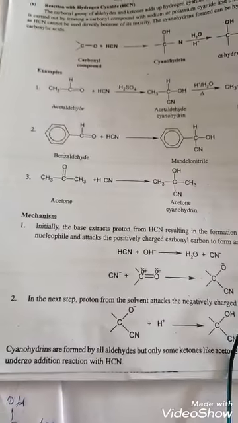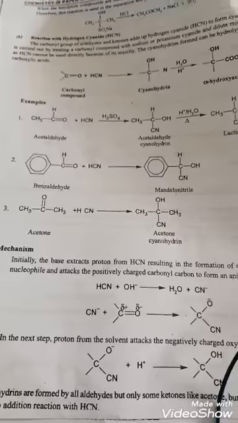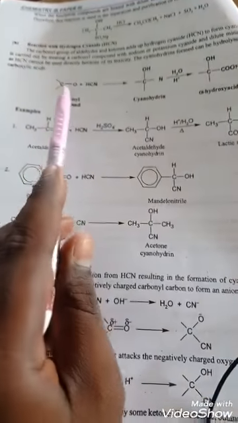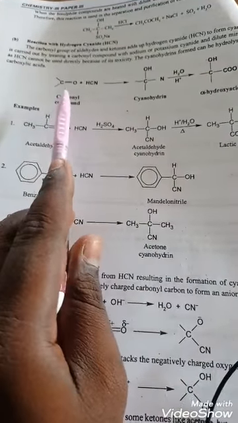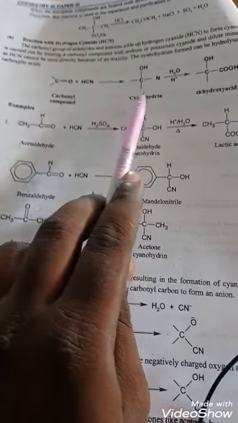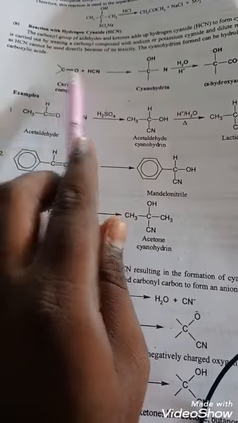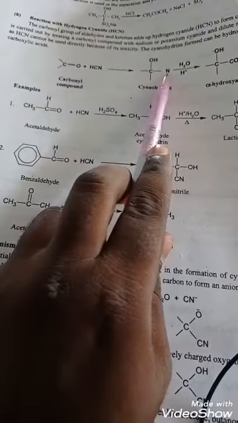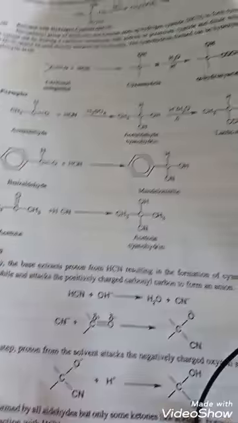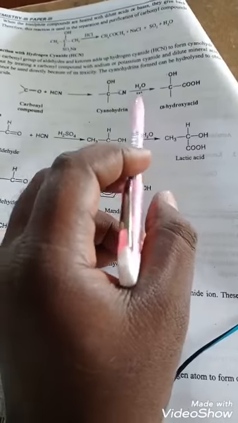Okay, what is a carbonyl compound? This carbonyl compound in presence of hydrogen cyanide forms cyanohydrin. Okay, this is the cyanohydrin. Why? Because COH and in that CN, to form in presence of H2O.